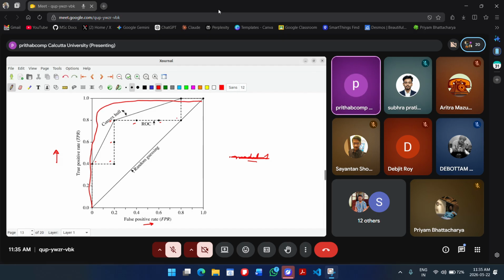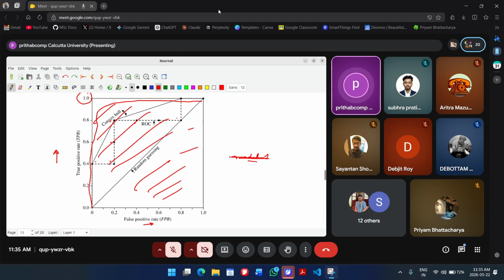If your points come out in this fashion, then this is the area under the curve. You see that this area under the curve becomes equal to 1. Because it is a 1 by 1 square, the total area is 1. Then you can say that whatever model you have chosen is a very good model.